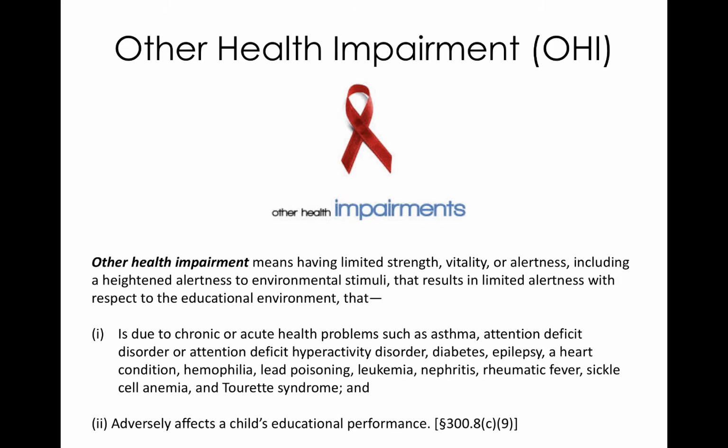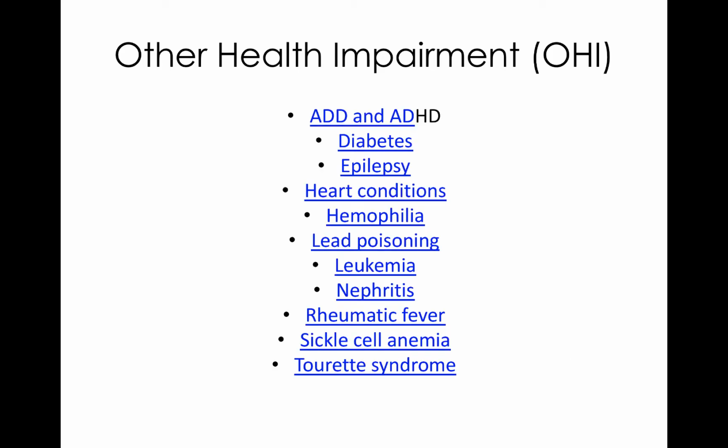And it really, I don't want to say it's a catch all, but it does really include students who maybe have chronic or acute health challenges that are adversely affecting their educational performance. So, what are some of those chronic or acute health problems?